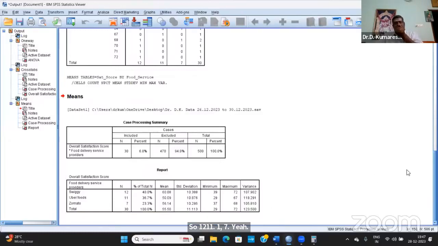They are different. Then percentage to total N. Total N is 30. So 12 by 30 into 100, 40%. 11 by 30 into 100, 36.7%. 7 by 30 into 100, 23.3%.